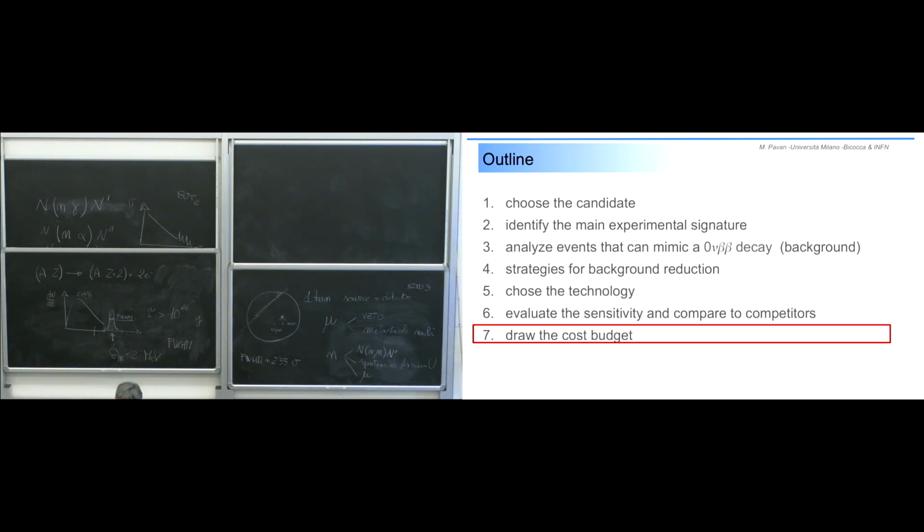And then you discover something new. For example, from the point of view of background, 20 years ago, some of the backgrounds that I discussed, we never even thought could be dangerous. And so you have to learn in your step approach and then implement what you have learned.